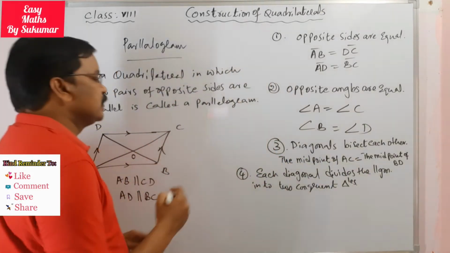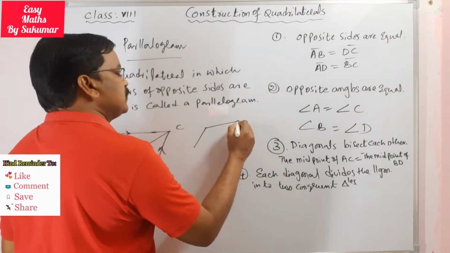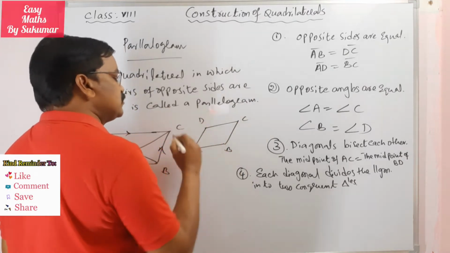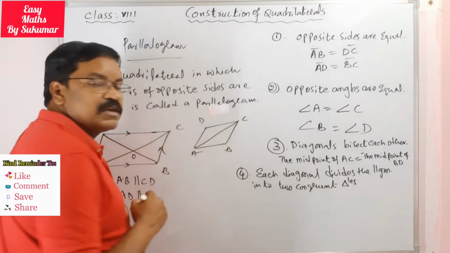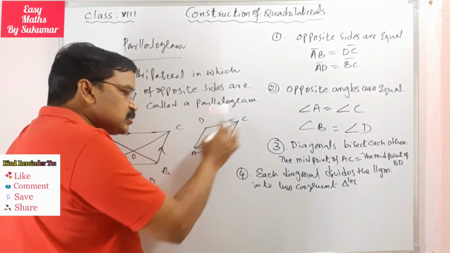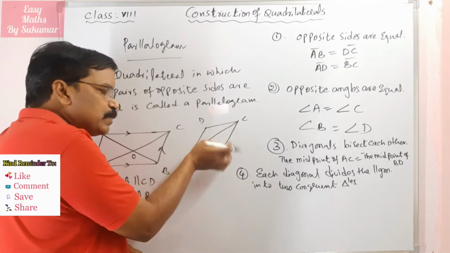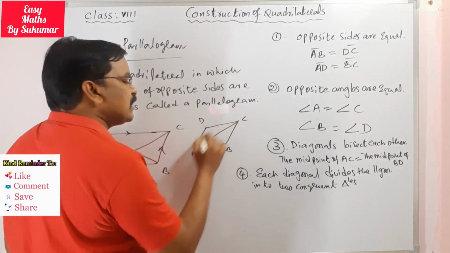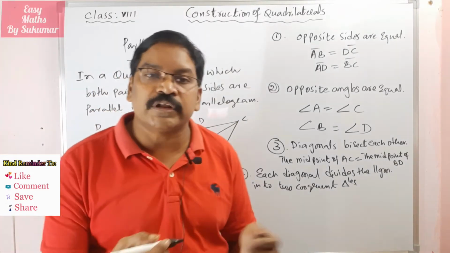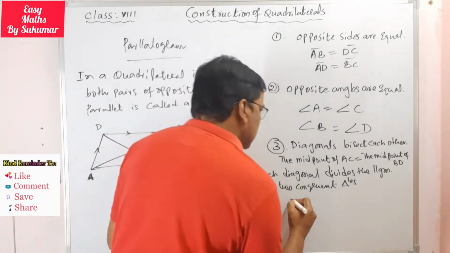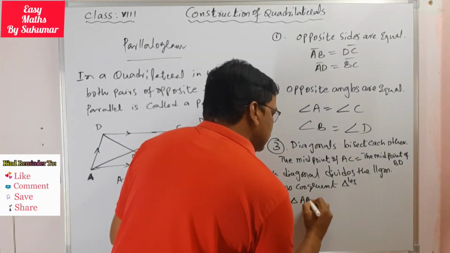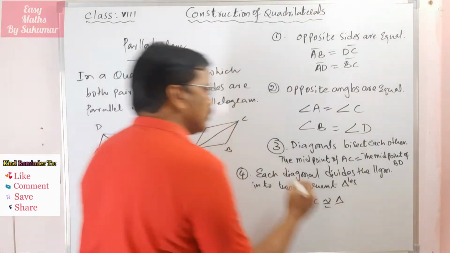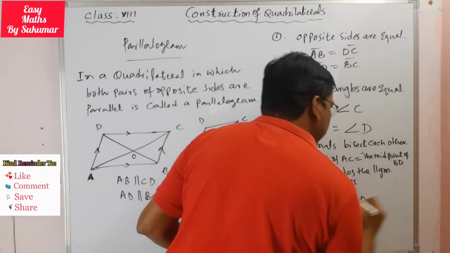That means if you take a parallelogram ABCD and AC is the diagonal, this diagonal divides the parallelogram into two congruent triangles. That means triangle ABC and triangle ADC are congruent to each other. Let me write here, triangle ABC is congruent to triangle ADC.